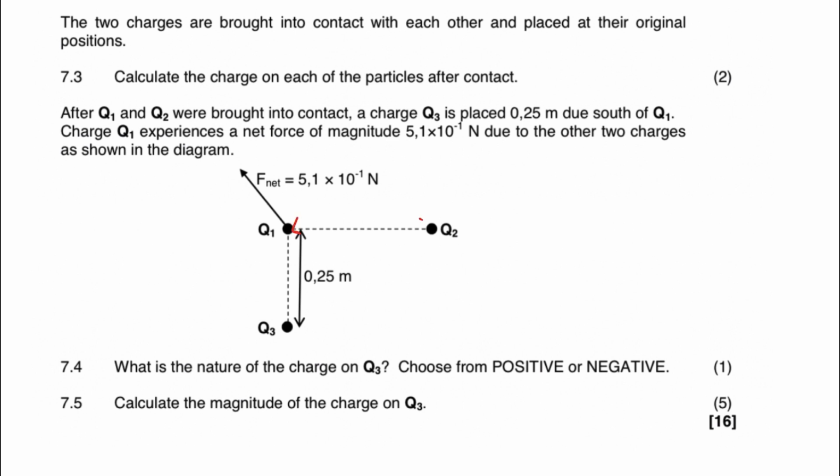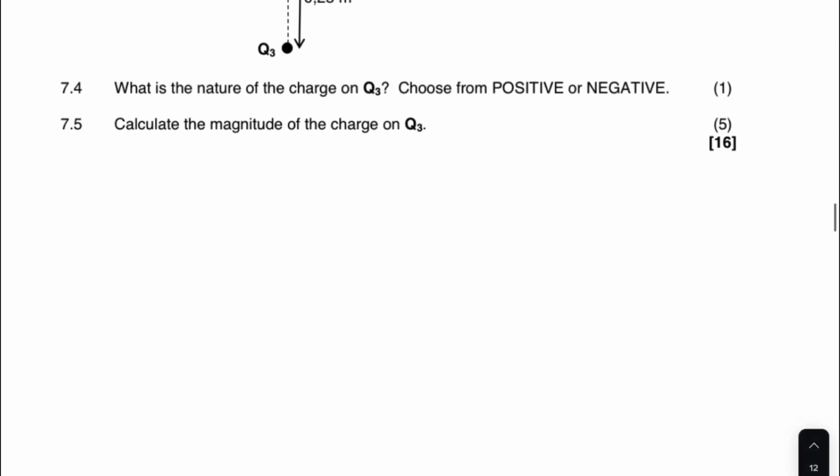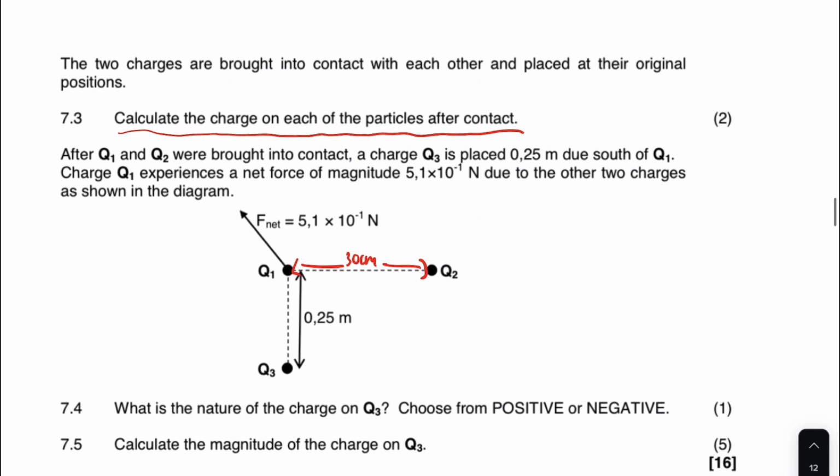This distance here. It's 30 centimeters. Now the question says calculate the charge on each particle after in contact. They want the new charge, guys. They get the new charge after they've been in contact.